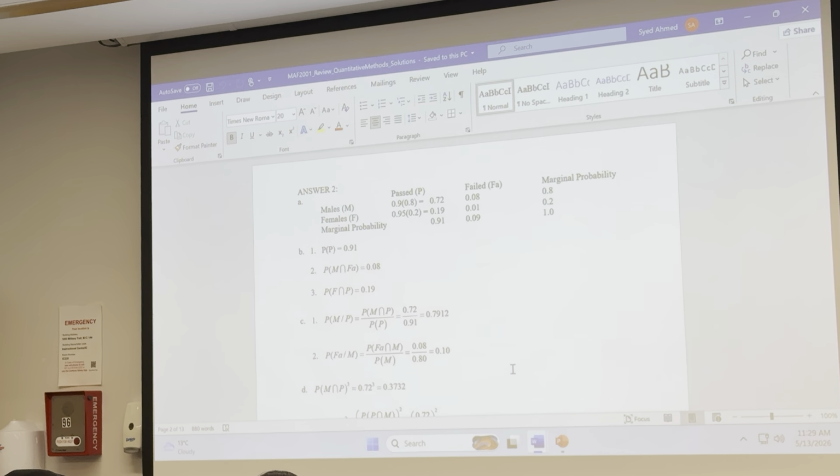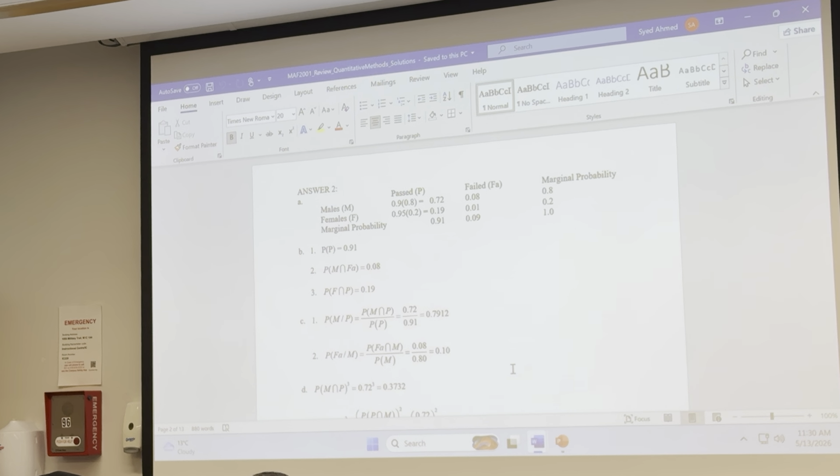What is the probability that if 3 students are selected at random, they are all males and pass the course? Does one person's passing depend upon the other person passing? There is independence.